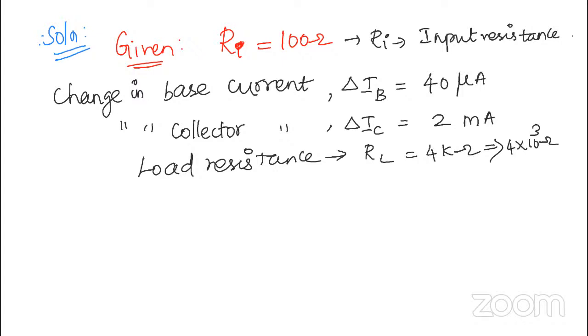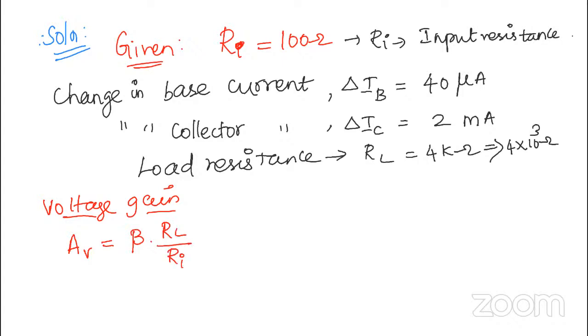So now they are asking about the voltage gain. To calculate voltage gain, what is the formula? AV is equal to beta into RL divided by RI.